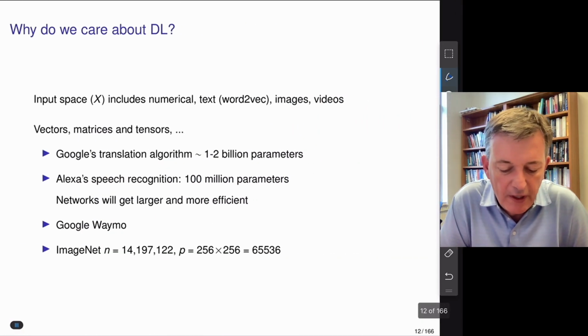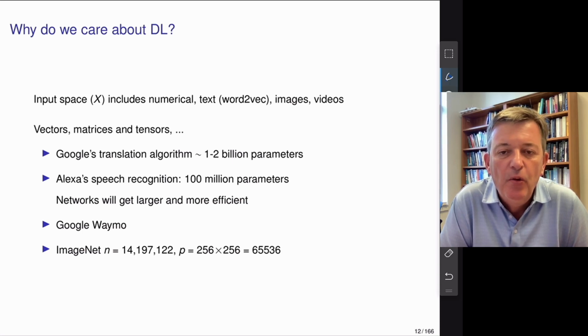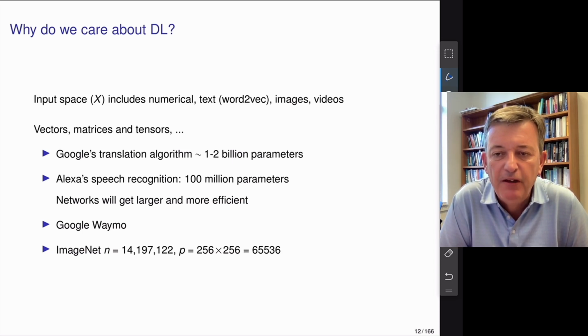So again, why do we care about deep learning? Hopefully you're getting the idea that one of the most important things is to learn or appreciate what it can do. One of the interesting things, which we talked about a little bit already, is that the input space X can be numerical, like Intel CPU chips, or text, if I convert words to vectors, or it can also be images, like an NVIDIA GPU chip, or a video, like a Google TPU chip.